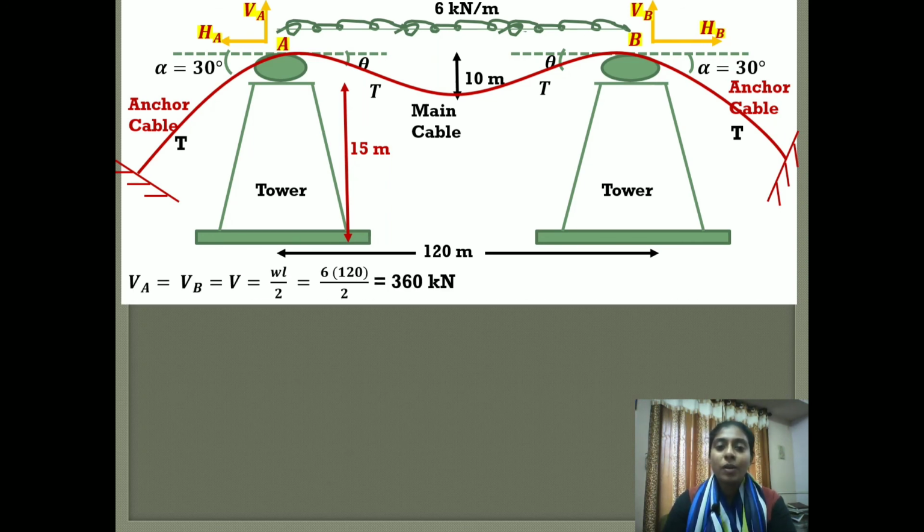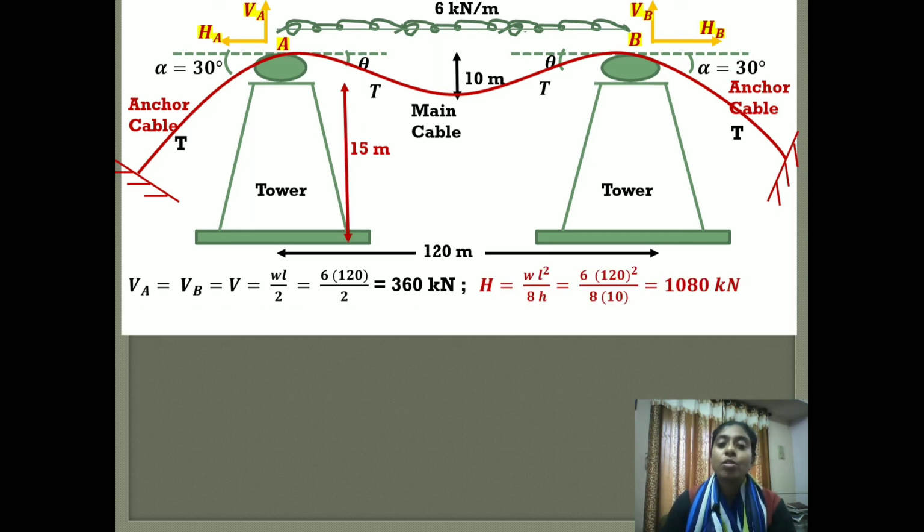Since it is subjected to UDL, the vertical reactions at A and B will be the same. So it is WL by 2; substituting W as 6 and L as 120, we get 360 kilonewton.